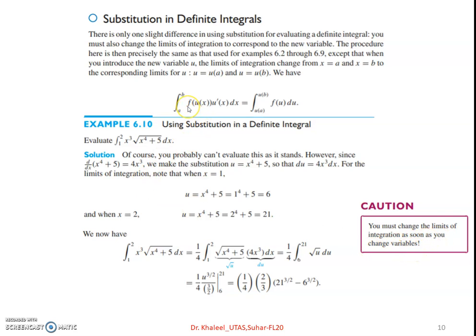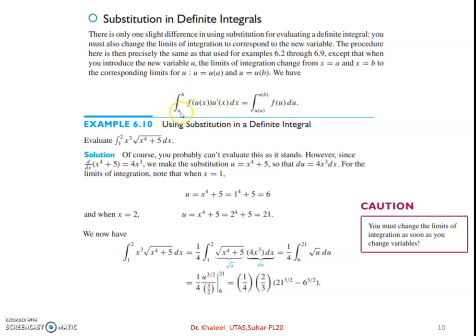We know that we are given f(x) dx, and that variable we are converting into f(u) du. So a and b, earlier, are the values of x because the variable is dx here.